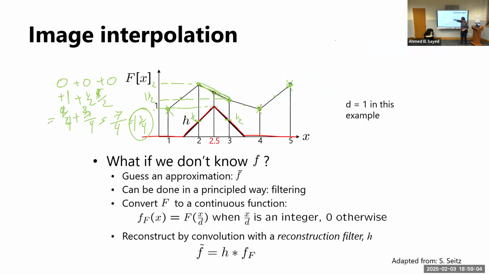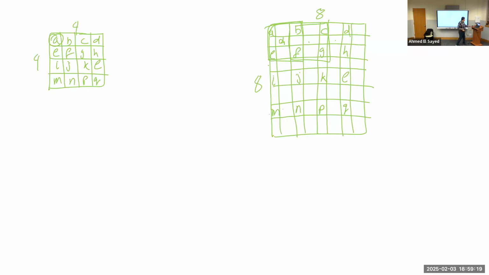Now, this filter is 1D, which has 1 in the middle, 0 outside, and half on the edge. Can we do the same thing here? The answer is yes. I can design a filter which has 1 in the middle, 0 or half, depending on however I want to make it, and 0 on the side.